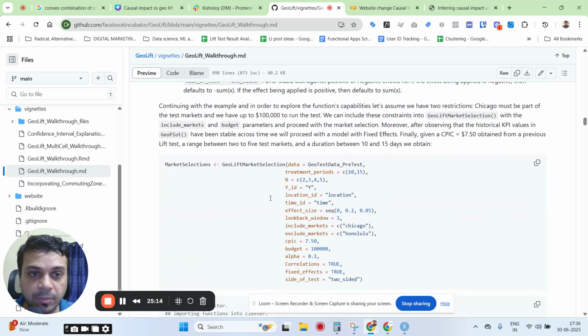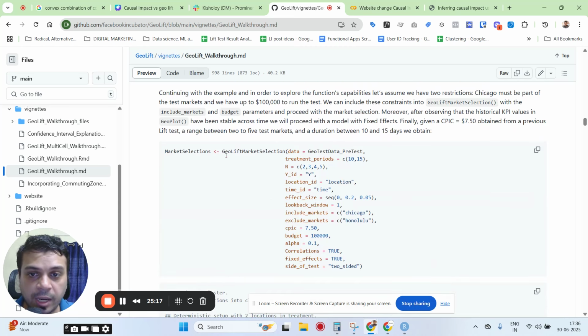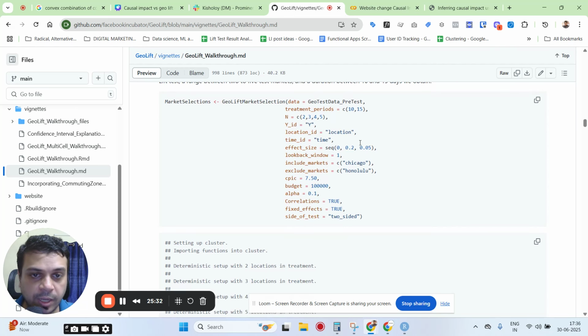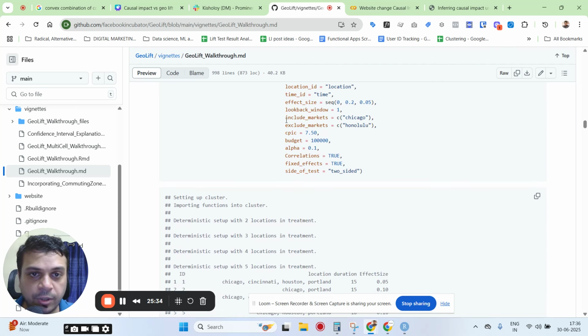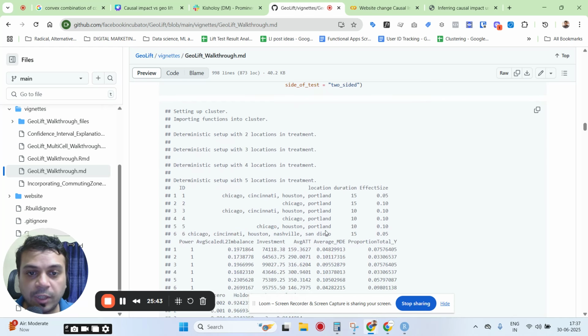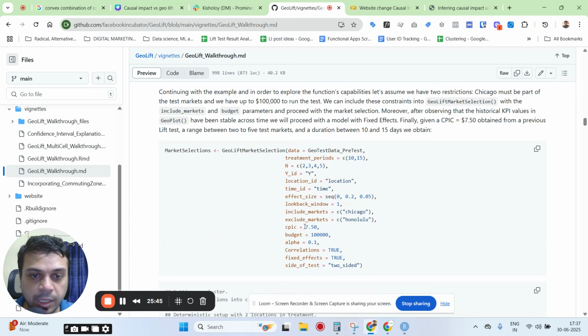If I jump down to this point, this is where the GeoLift market selection is taking place. It's taking into account all the different geos and the treatment periods, and it's creating a synthetic effect size, which is basically how much the effect of the intervention is happening in different regions.